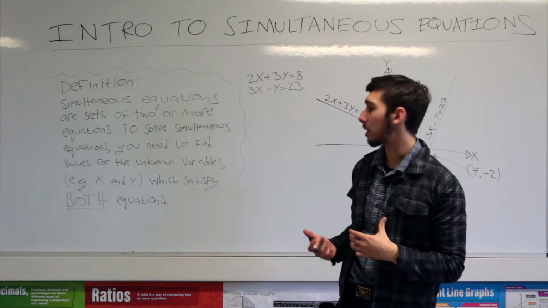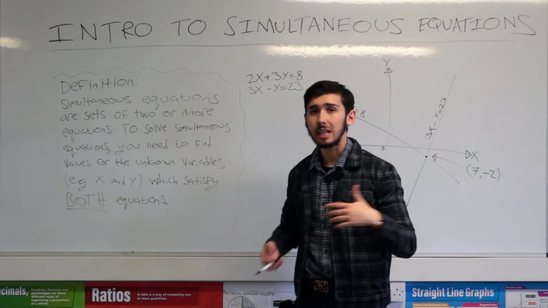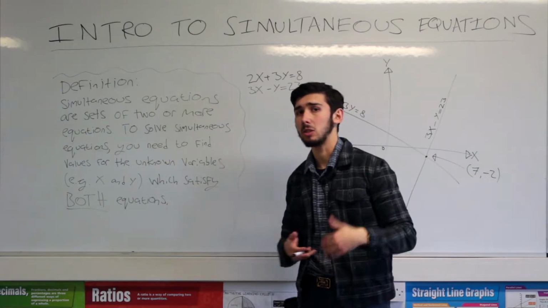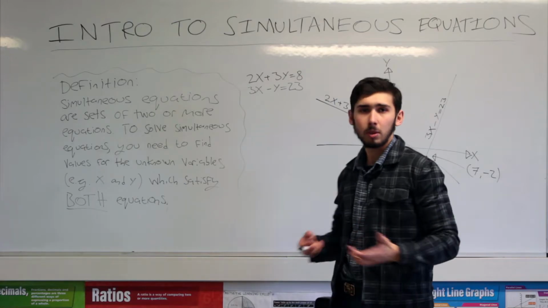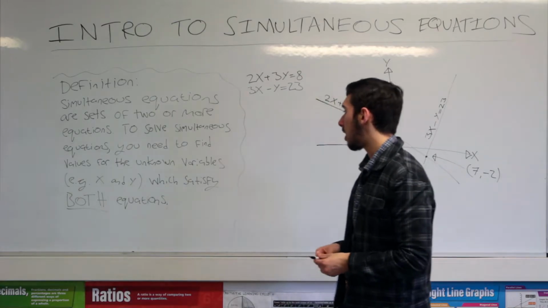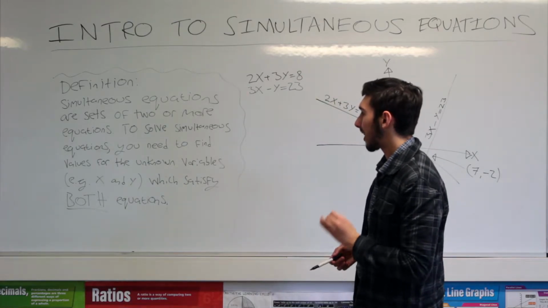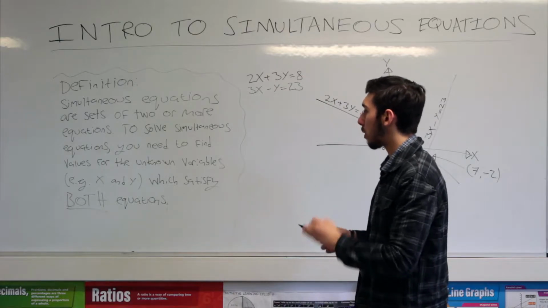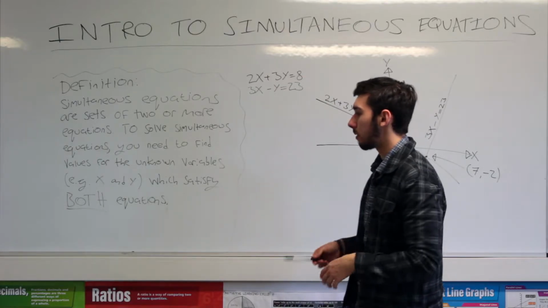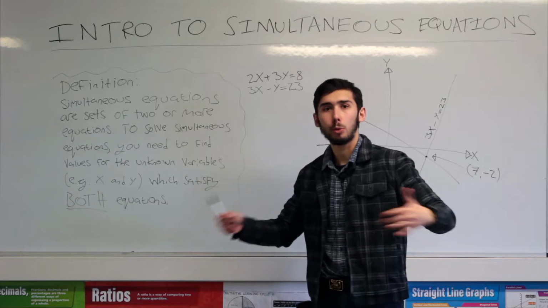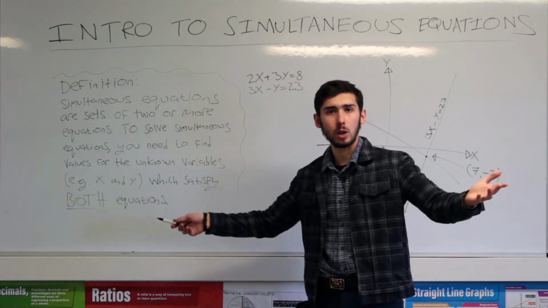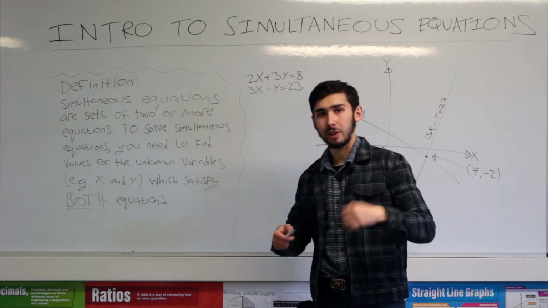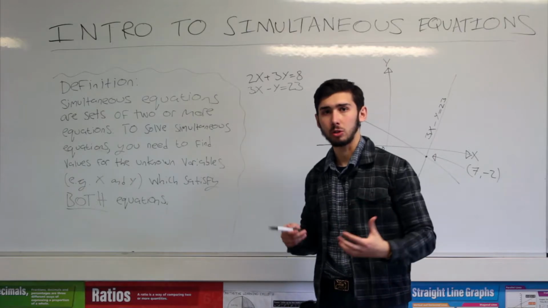Normally those are x and y, which I've written here, but they can be other things. You could see t's, u's, p's, q's, any letter potentially. And those values have to satisfy both of the equations, or if you have more than two equations, all three or all four or all five of the equations, in order for that to be an actual solution.